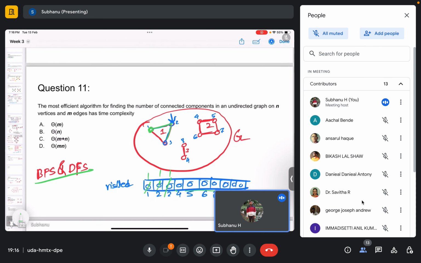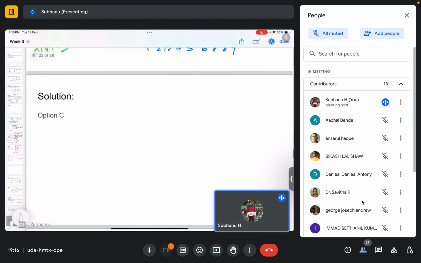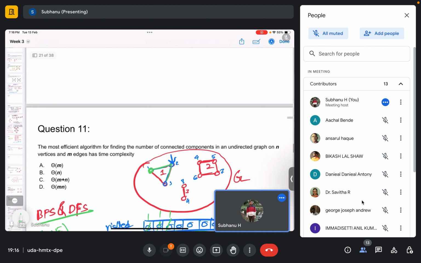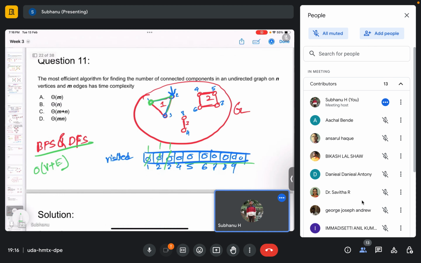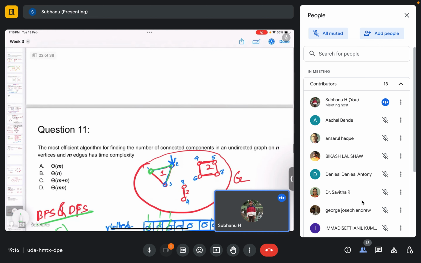So what is the best time complexity for this algorithm, BFS and DFS? In both scenarios the best time complexity is order of V plus E. There are two scenarios: you can use the adjacency matrix or the adjacency list.